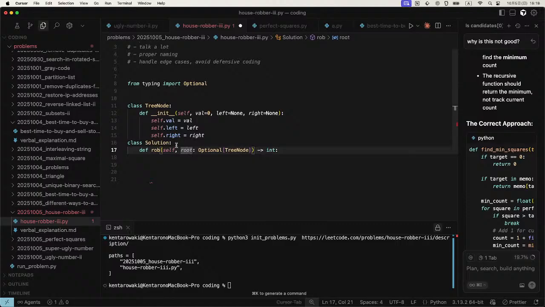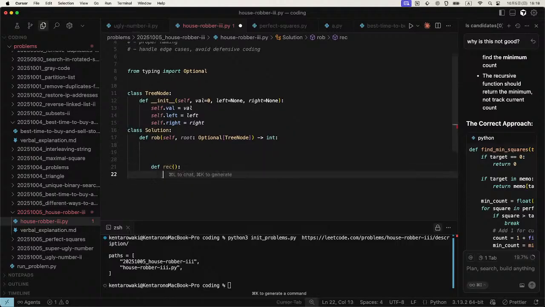This is like a linked list, so we use recursion.